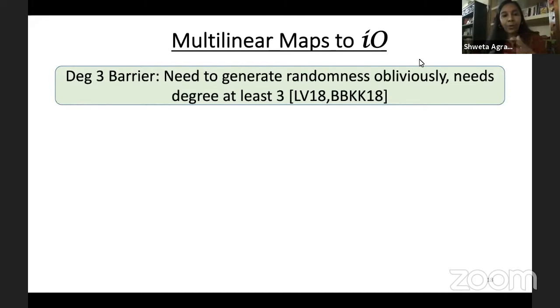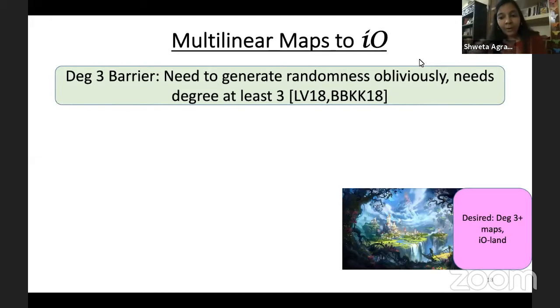Essentially, having reduced everything as much as possible, you're going to need to somehow generate randomness obliviously. So you want to somehow compute randomness within the multilinear map. And this needs a computation of degree at least 3. This was demonstrated by some lower bounds.